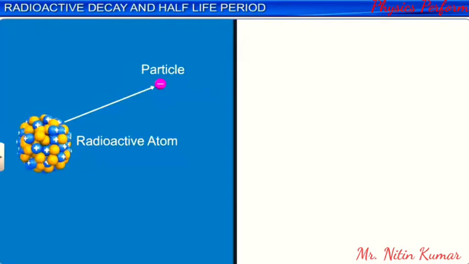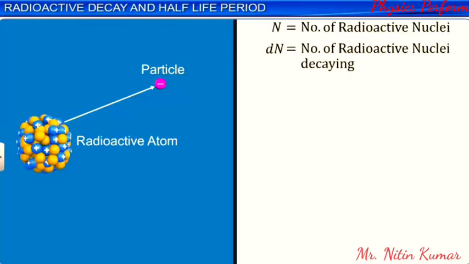For this, let us consider a sample of a radioactive element containing n number of radioactive atoms at time t. The number of nuclei, dn, which will decay, will be proportional to n, since the more the n value, more will decay in the time interval dt.